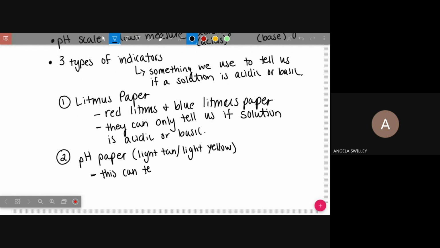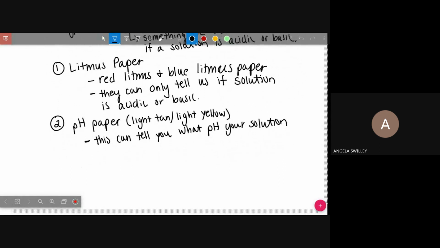This can tell you what pH your solution is at. So you can actually learn from pH paper that your pH is somewhere in between 3 and 4. You'll be able to tell a more specific number.